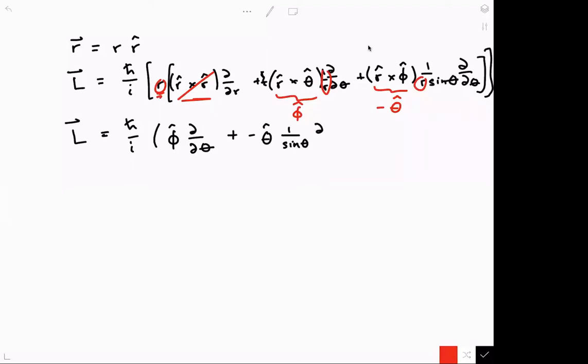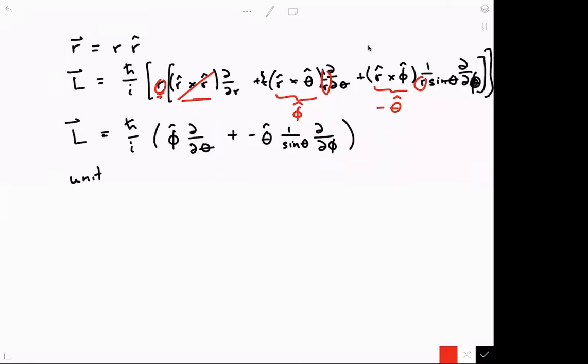And this should be a d phi up there, partial derivative with respect to phi. And that is our momentum operator in our spherical coordinates. And then we want to talk about our unit vectors for these things.